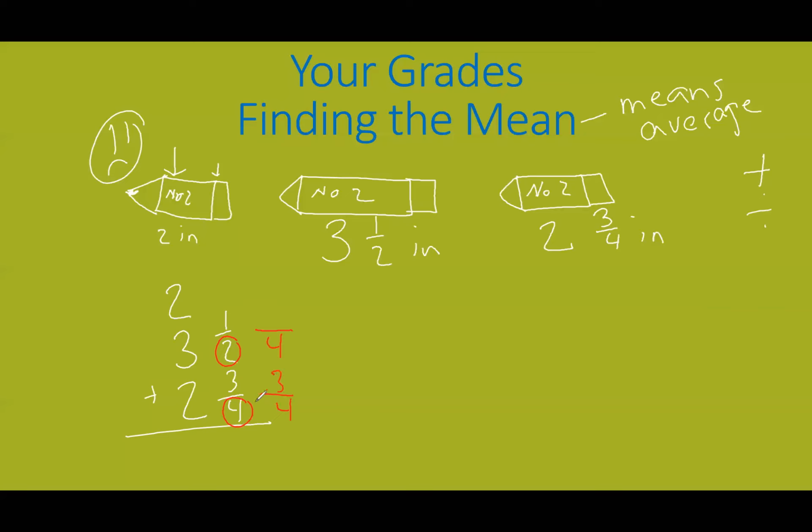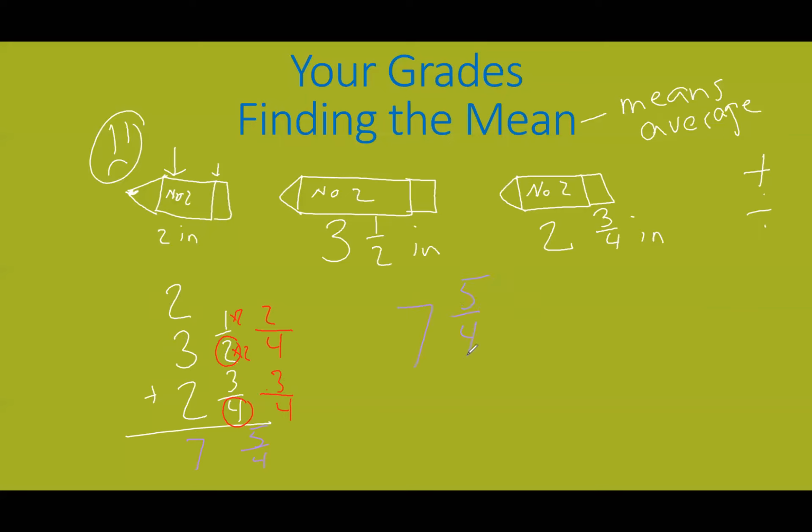This stays the same, doesn't change. But this one, we multiply by 2 to get 4, we multiply by 2. 1/2 is the same as 2/4. Yes, it absolutely is. So when we add them up, now I've got 2, 5, 7, and 3, 4, 5/4. 7 5/4. Okay, here's my new number, 7 5/4.